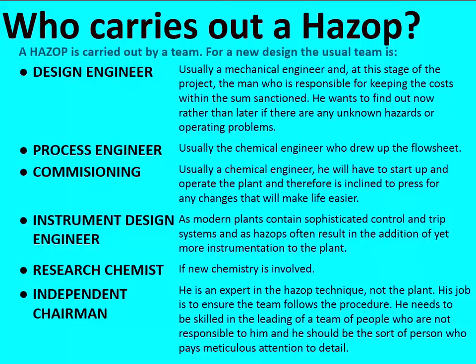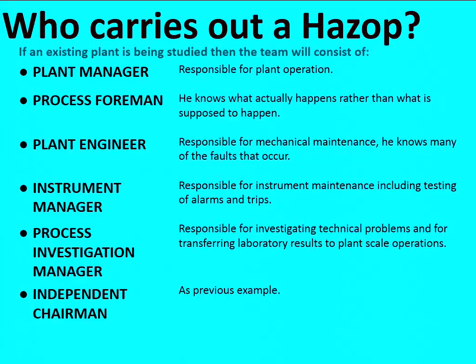We're talking about new plant, but obviously existing plant can be HAZOPed. Existing plant is HAZOPed if it's had any major changes. There's a whole branch of engineering called management of change. And if you've got a plant that's run for 10 years, you've shut it down, you've made major modifications to it, then what all the companies will do now is they'll do a HAZOP on it, just to check that when they made all those changes, they didn't introduce any new hidden hazards into it.